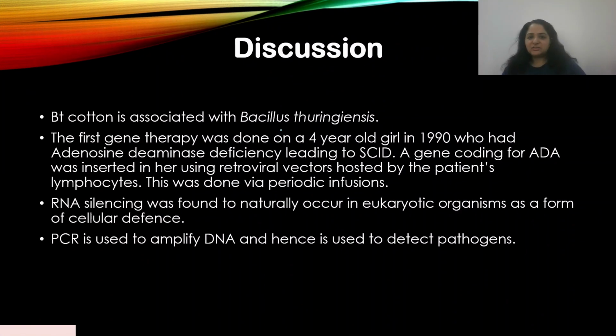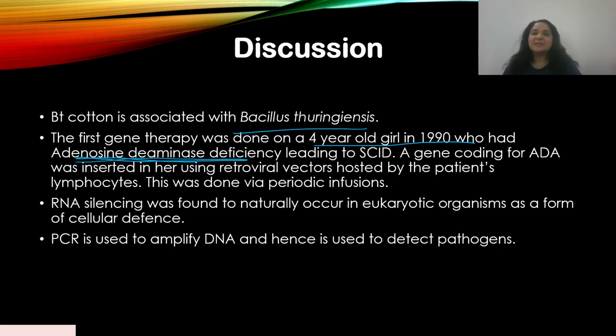So BT cotton is associated with Bacillus thuringiensis. We already know the connection between the two. Now, adenosine deaminase deficiency. Gene therapy was first done on a 4-year-old girl in 1990. Sometimes babies are born with adenosine deaminase deficiency, and that is not useful for the human body because it affects the immune system.